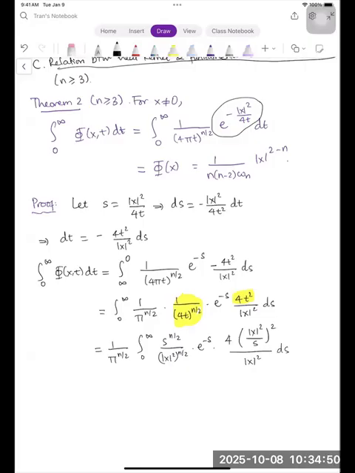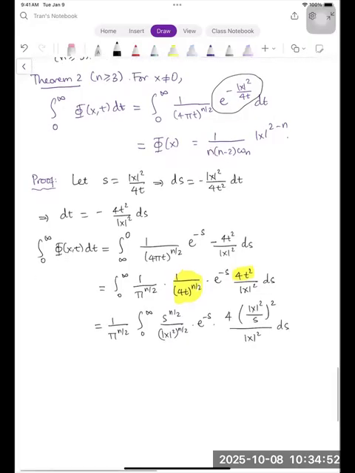It's just computations. Now you can simplify everything. This equals 1 over pi to the power n over 2. The key thing here is that we keep track of the term x. I have this is one x, this is one x, and this is one x. So x appears in many places.